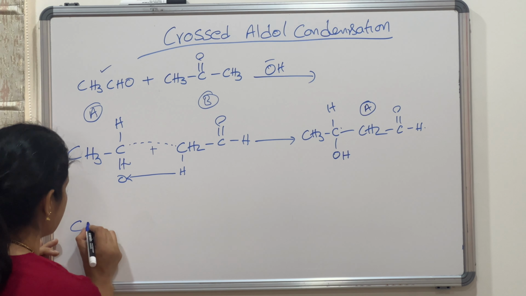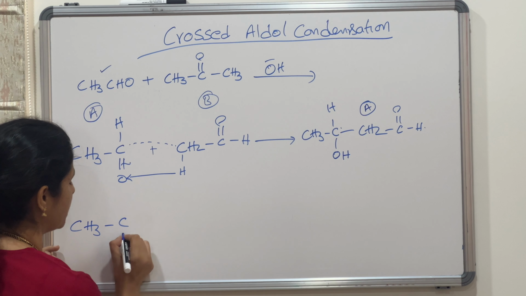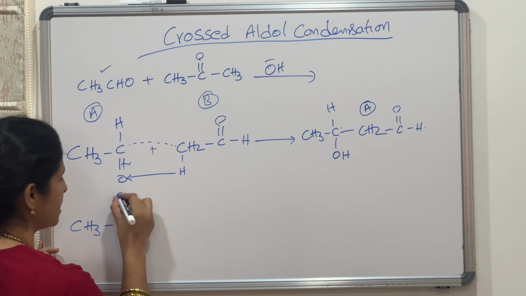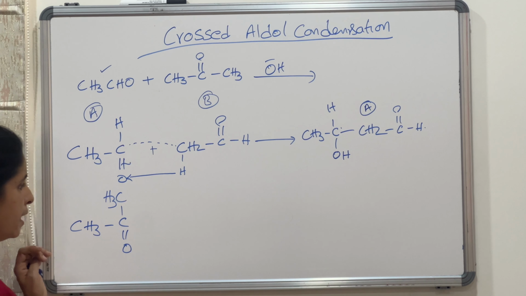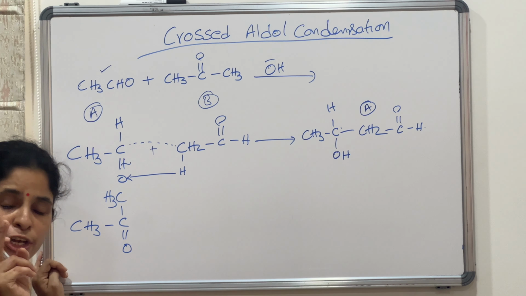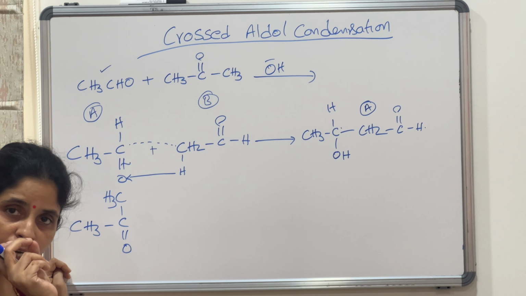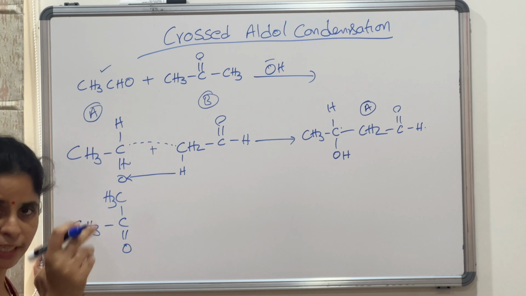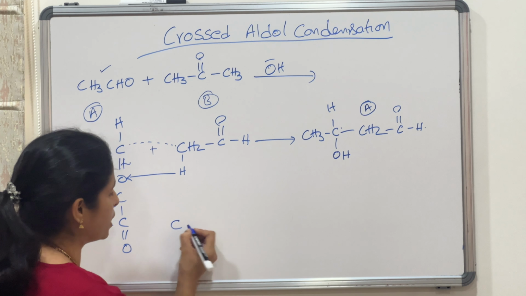So here CH3, C double bond O, here CH3. I am writing this side above this carbonyl carbon, because you should attach the carbonyl carbon to the alpha carbon of the other one. So here you have taken two acetone molecules.